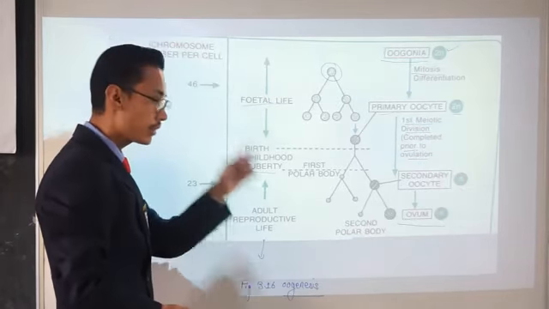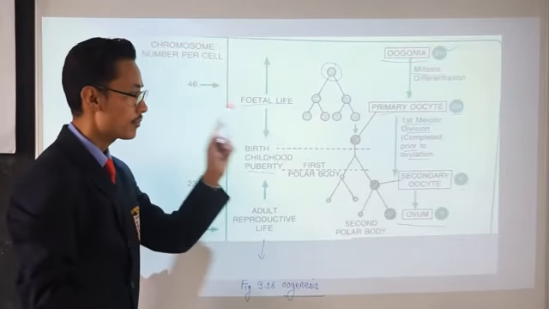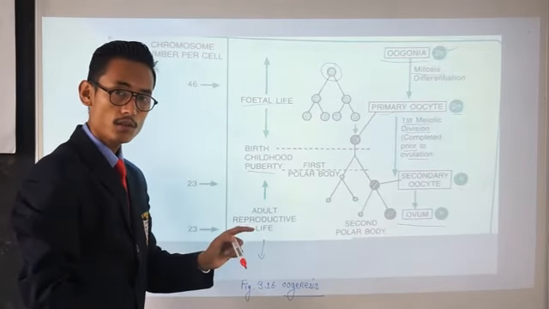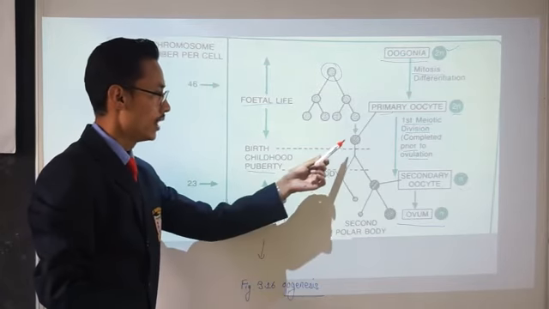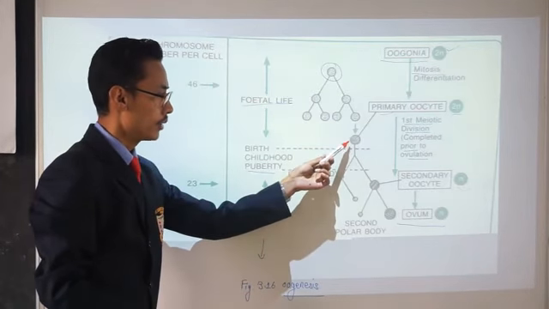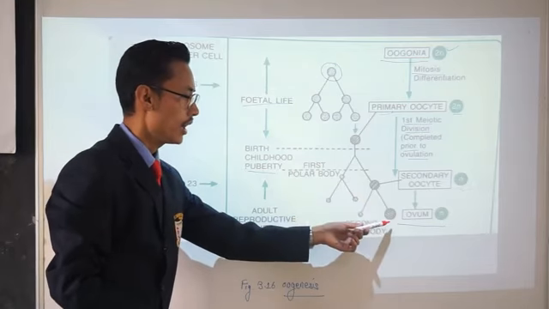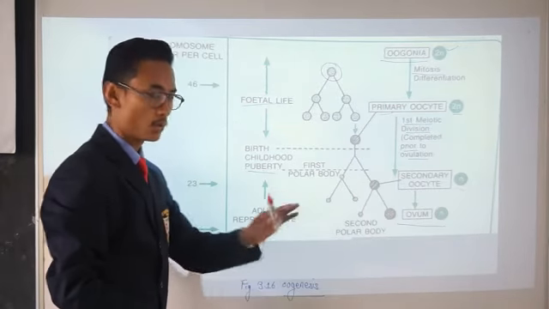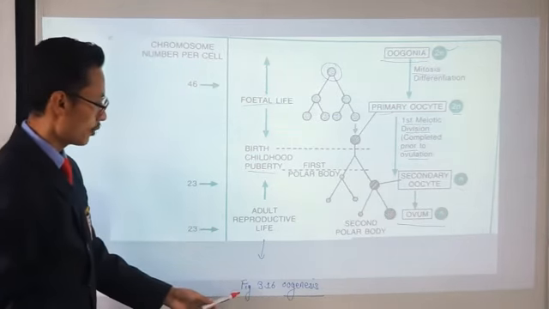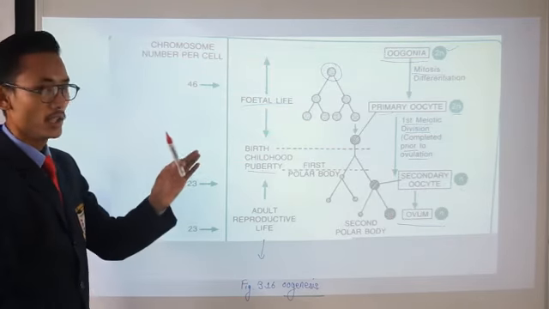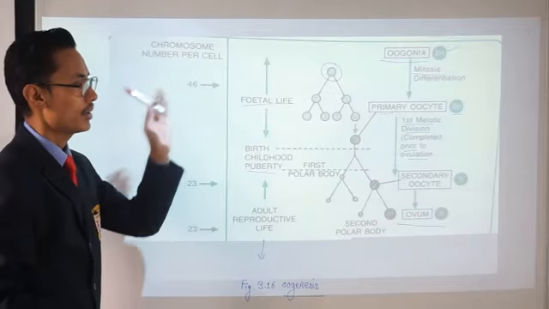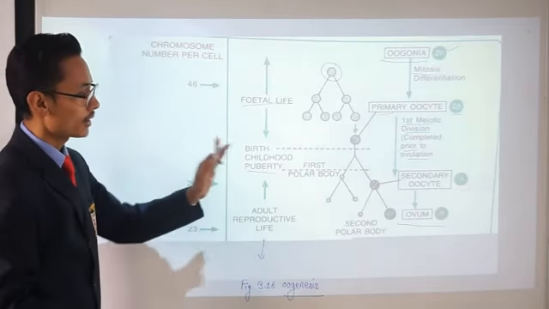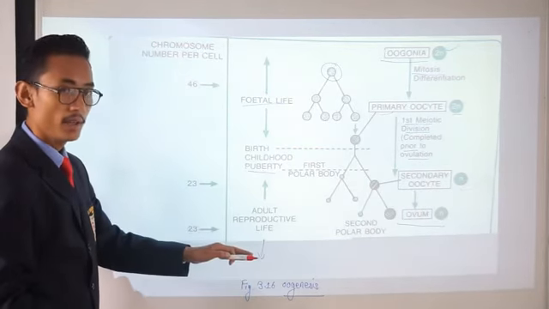In spermatogenesis, from 1 primary spermatocyte there was formation of 4 spermatids. But here in oogenesis, from 1 primary oocyte there will be formation of only 1 haploid ovum. So go to figure number 3.16 and remember the chromosome number. In the oogonia and the primary oocytes it will be diploid; the secondary oocyte and the ovum will be haploid.